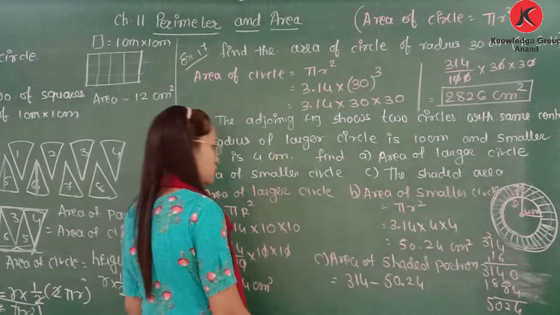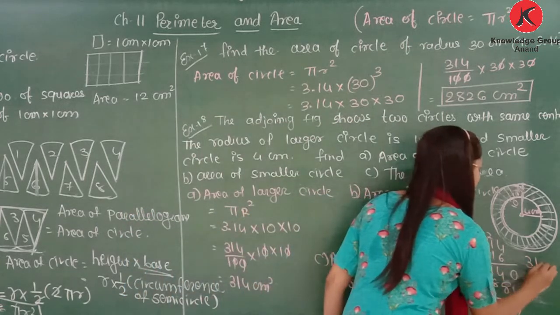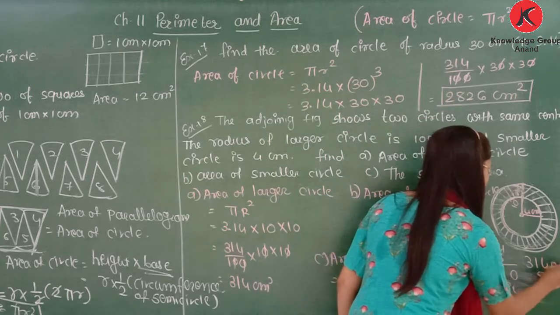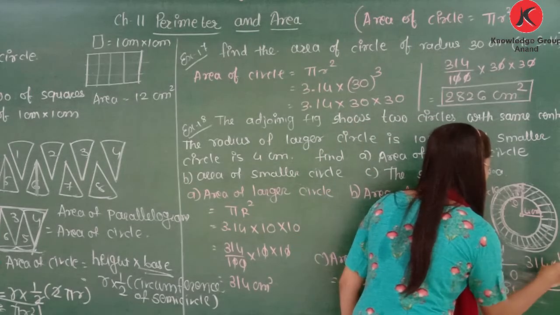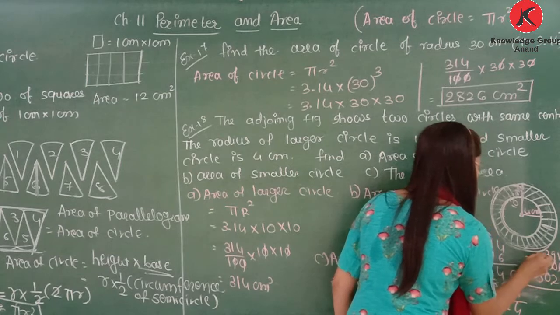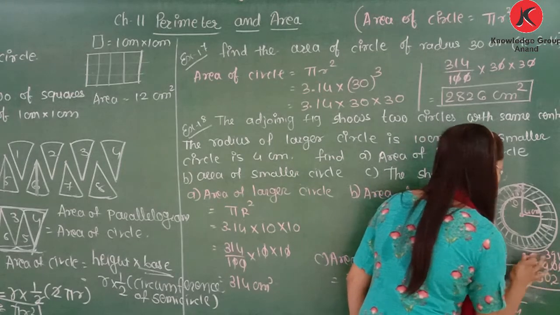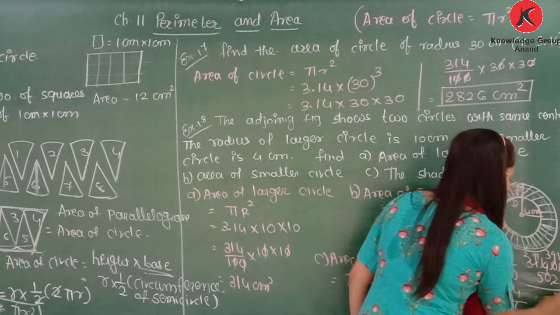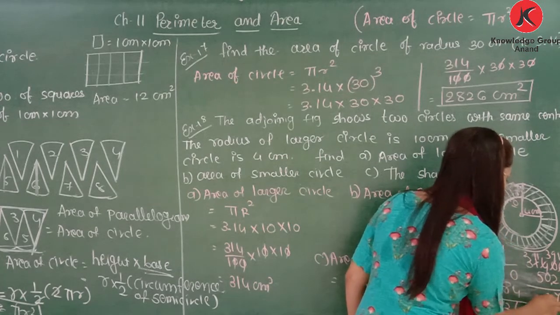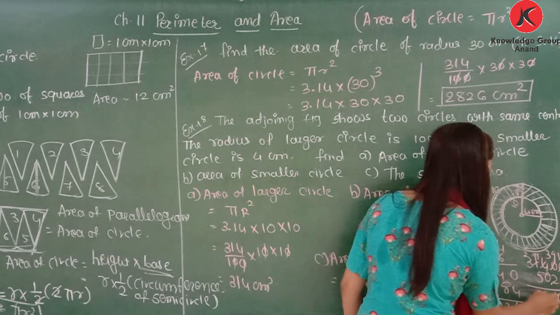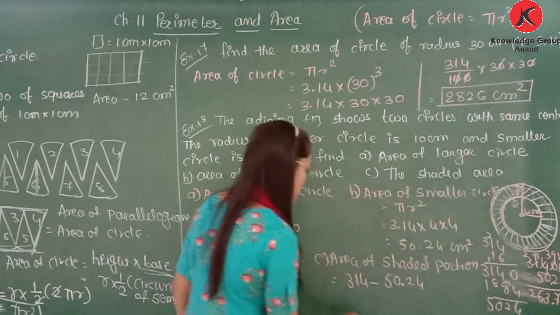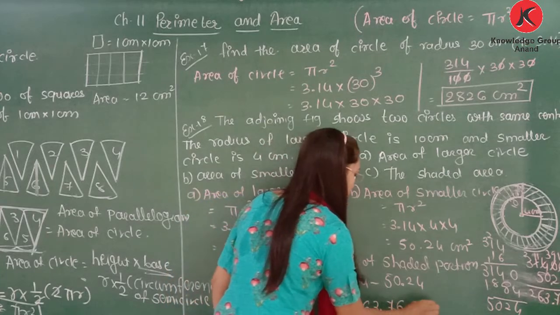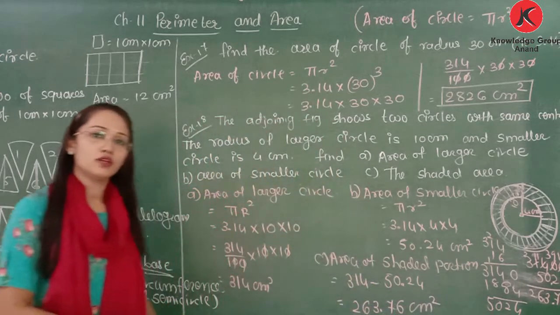So let's subtract this one. 50.24. 263.76 centimeters. So that is the area of the shaded part.